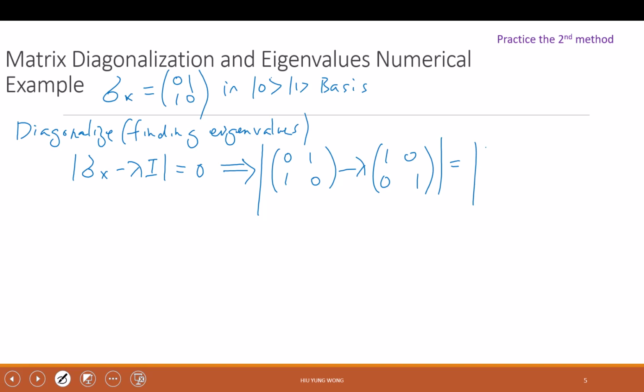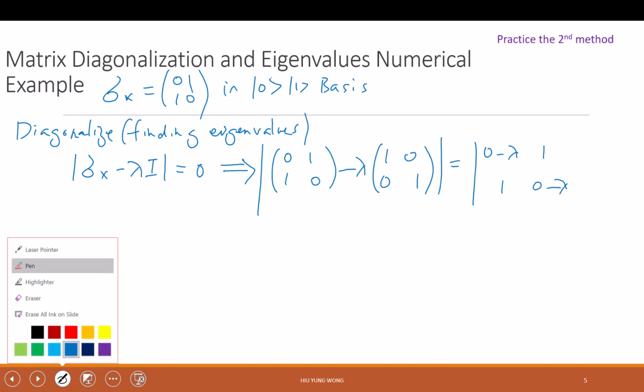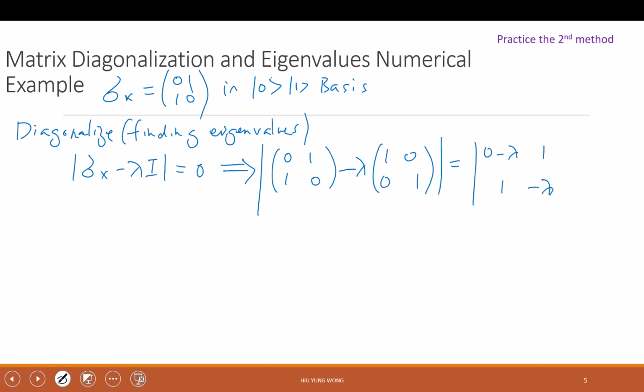What is this? 0 minus lambda, 1, 1, 0 minus lambda. Am I right? Anyone has questions?